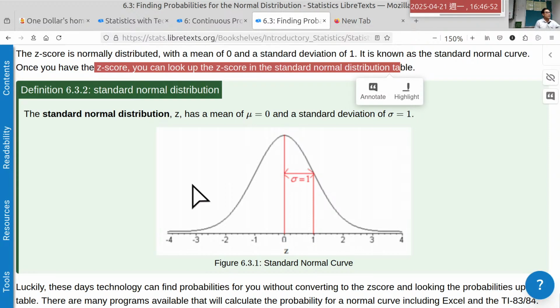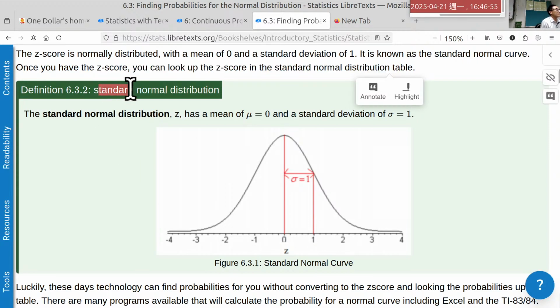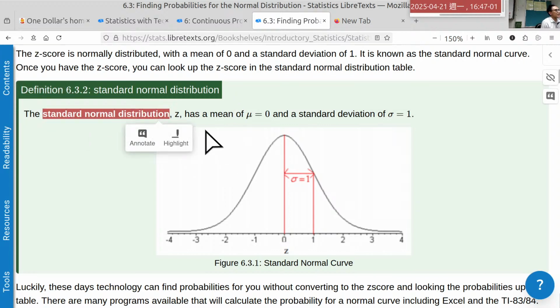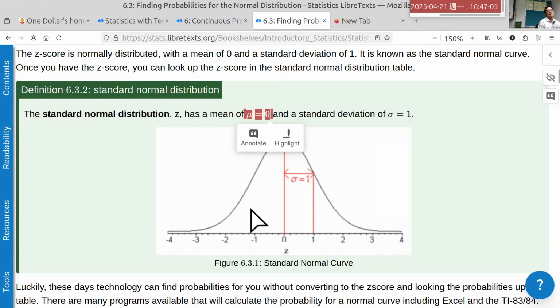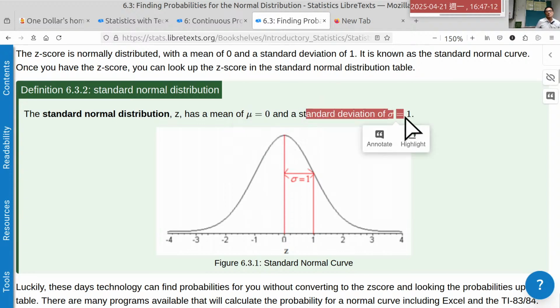Definition 6.3.2, standard normal distribution. The standard normal distribution Z has a mean of mu equals 0. That is the definition. And a standard deviation of sigma equals 1.